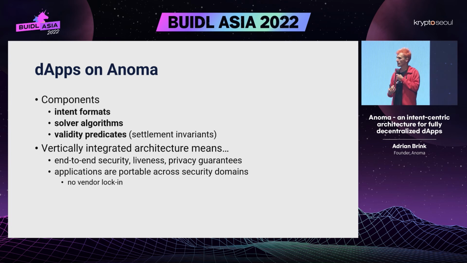For example, if you have Bitcoin floating around in the system, Anoma can't create new Bitcoin. So the settlement invariant of a Bitcoin transaction on Anoma needs to include the fact that no Bitcoin can be created or destroyed. This kind of vertically integrated architecture means that you get end-to-end security, liveness, and privacy guarantees that you can reason through, and that your applications are portable across different security domains, resulting in no vendor lock-in.